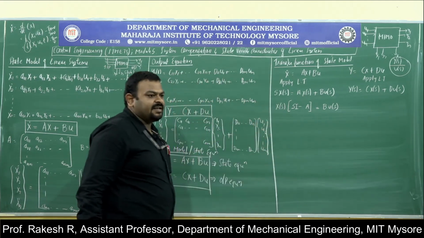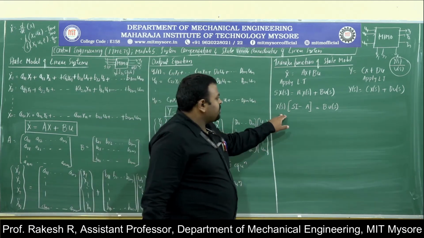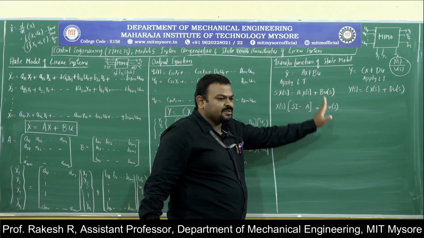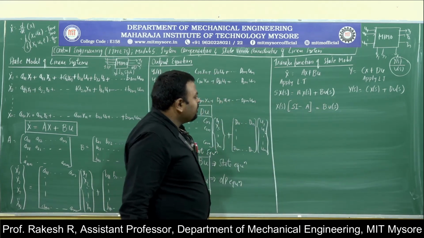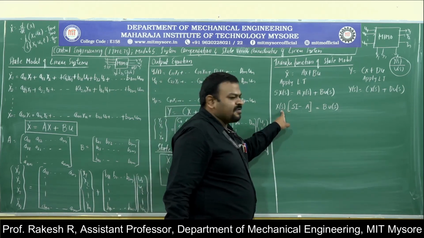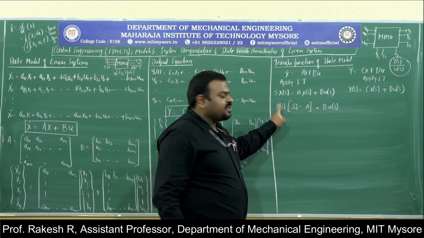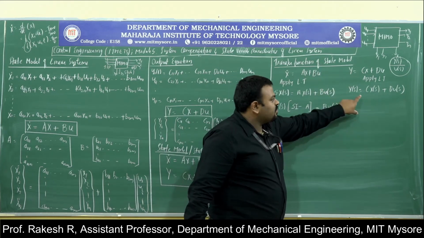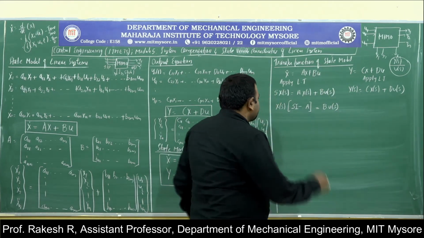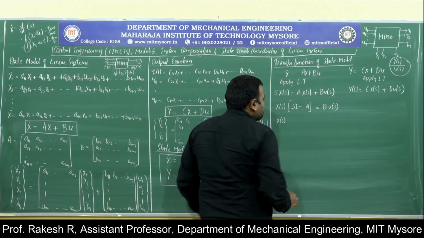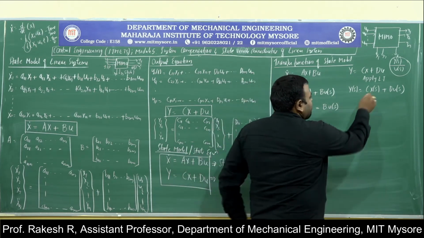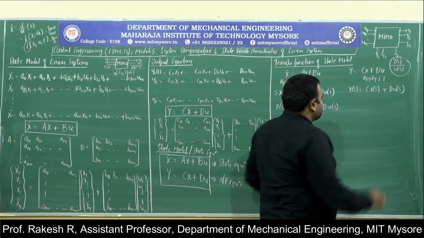I is the identity matrix. So X of s into (sI minus A) is equal to B into U of s. Then I need the X of s equation in terms of Y of s. So I will be using this output equation. If I use that, what happens? I will substitute X of s here.